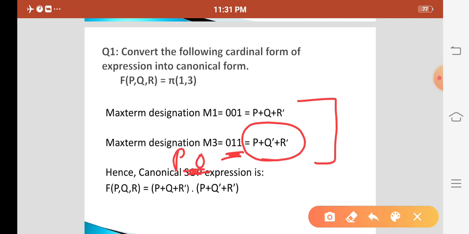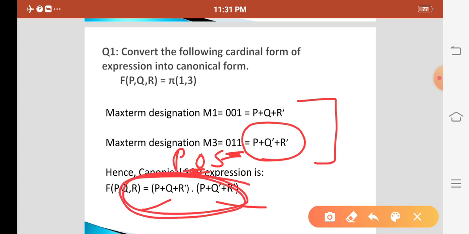It's canonical POS. We are converting the canonical POS expression into a canonical POS expression. So it is a canonical POS expression here. So this is what it is, again maxterms. It is a maxterm and we are going to calculate the product of these maxterms or sum terms. So hence it is a POS expression.